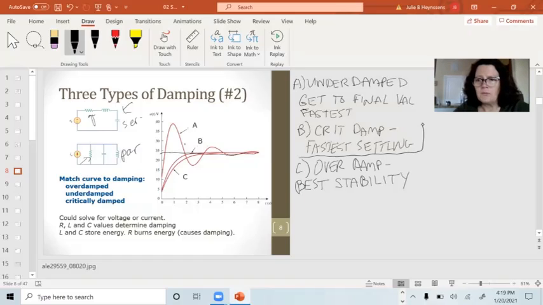In analog circuits, once you build the board, there's all kinds of parasitics that are not taken into account, so you can't really calculate the value of R. You approximate it, build it, and then just change the R value until you get the best damping or the best speed out of it.